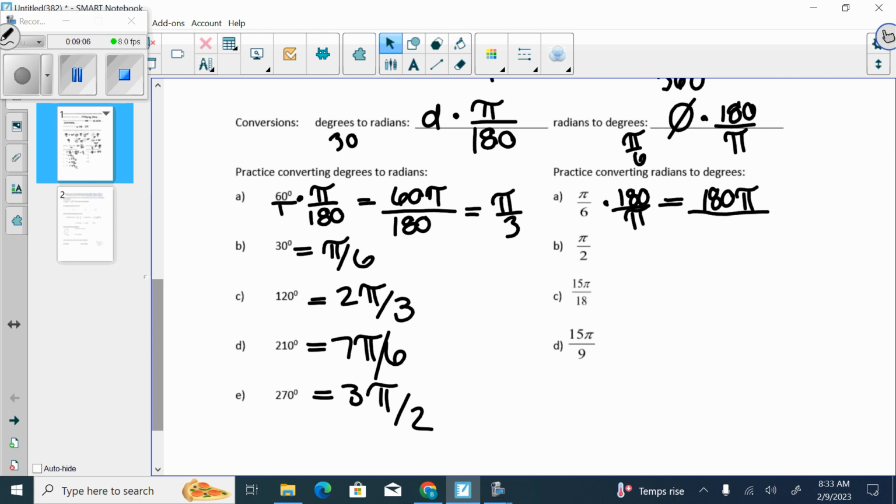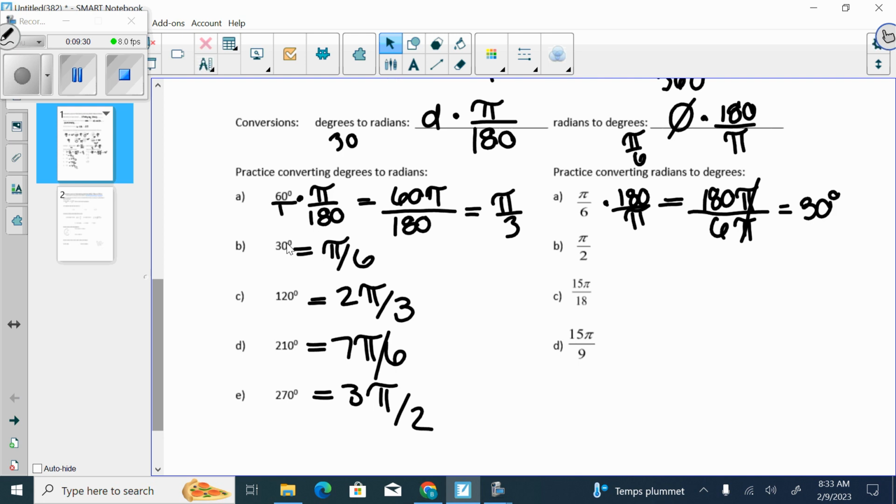And in the denominator, I have 6 times pi, which is just 6 pi. And we know that our pi's divide out to 1, so then I just have to simplify the numbers. So what is 180 divided by 6? 30. So this would be 30 degrees.